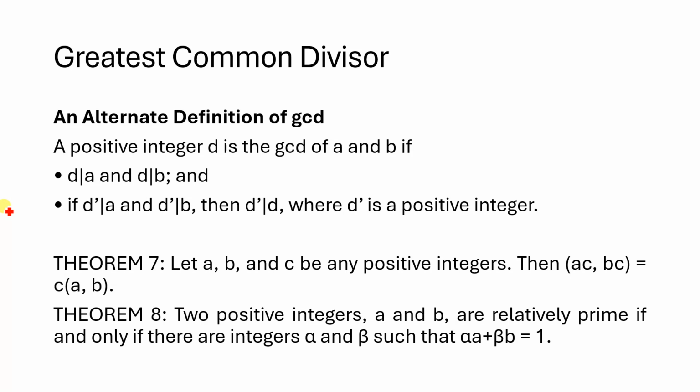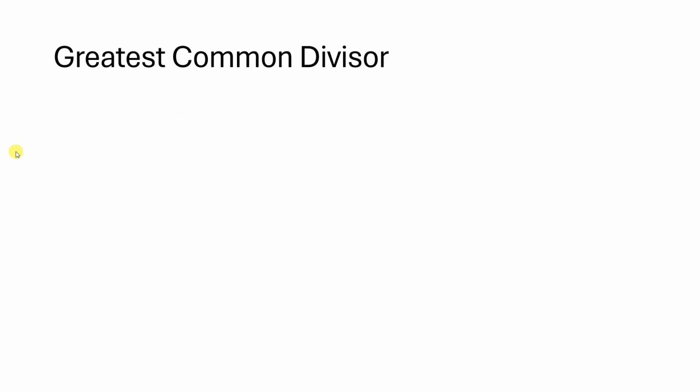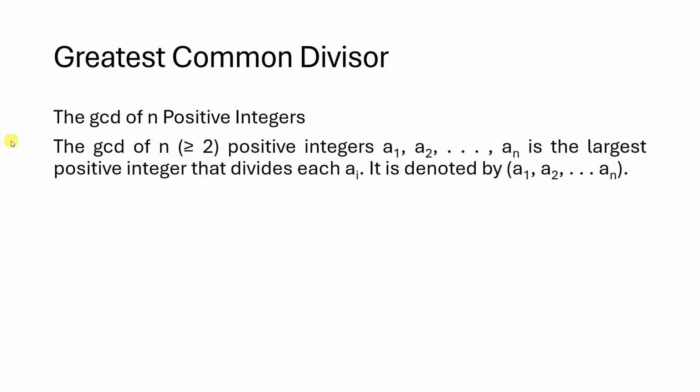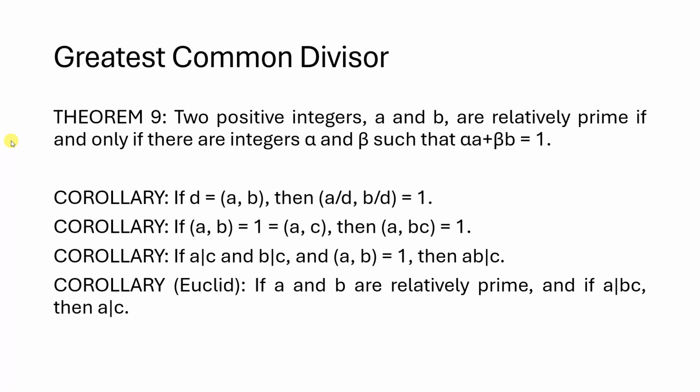Two positive integers A and B are relatively prime if and only if there are integers alpha and beta such that the linear combination of A and B is equal to 1.